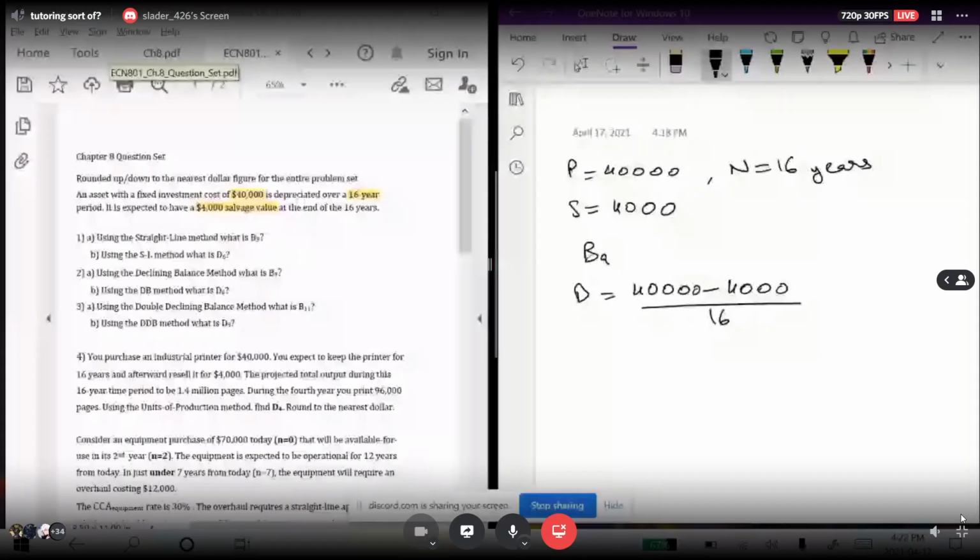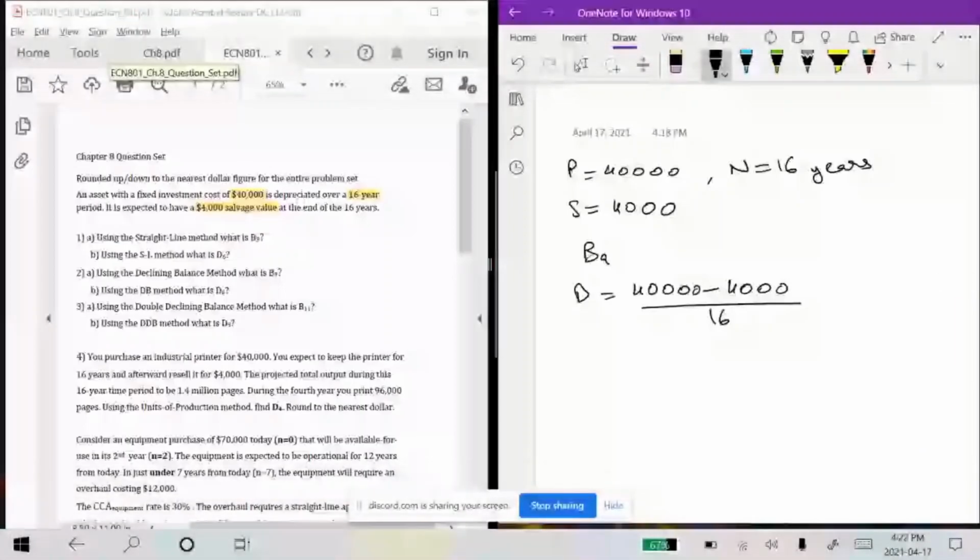So 40,000 minus 4,000 divided by 16. Let me just put this in. 36,000 divided by 16 comes out as 2,250. This is the depreciation in every single period, and it remains constant because we're using the straight line method.